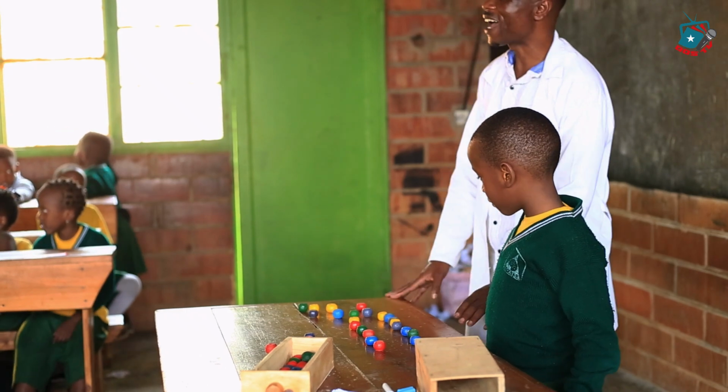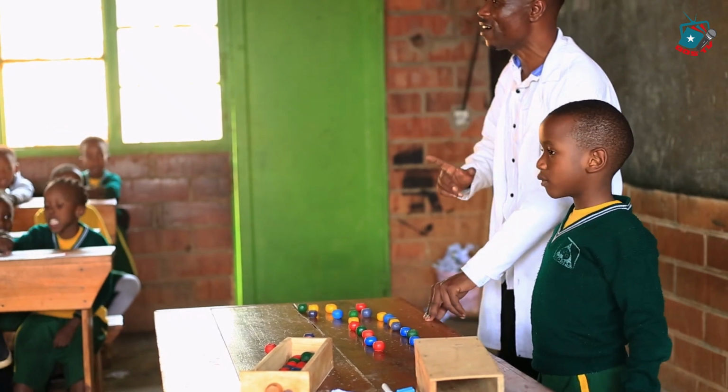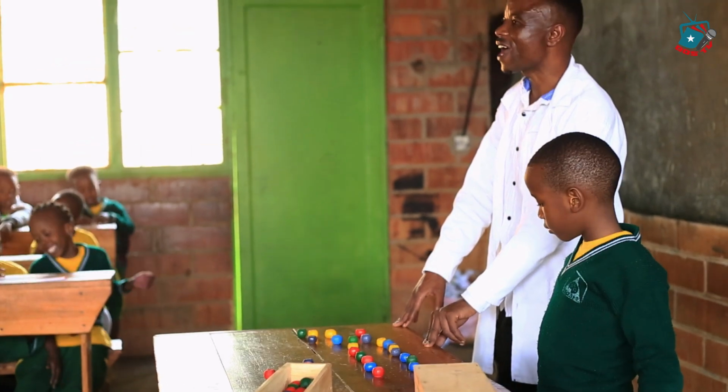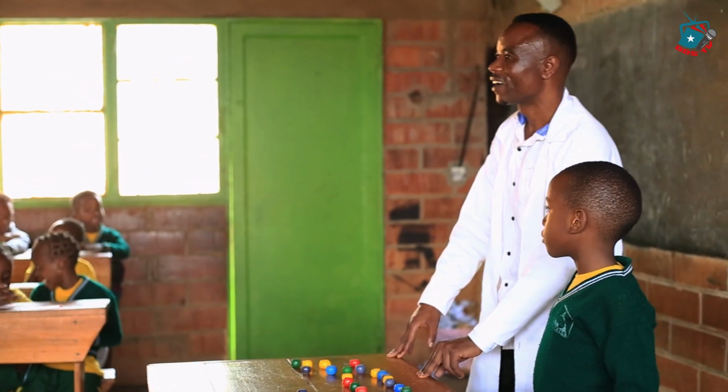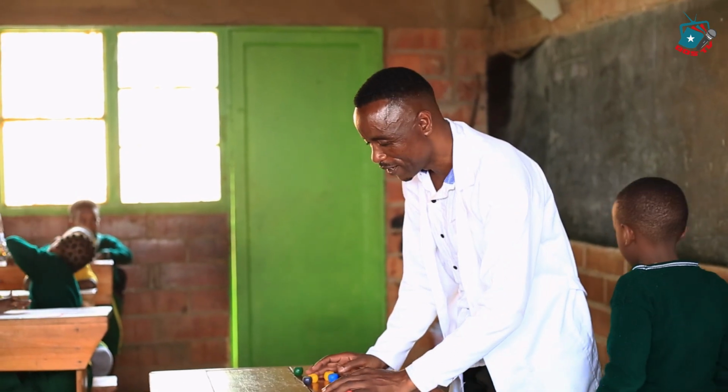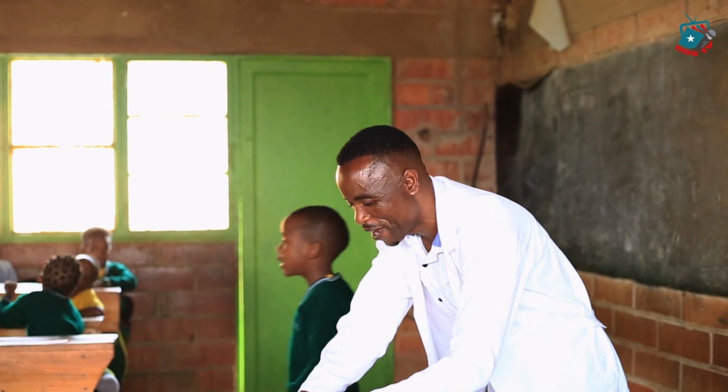Good. It means that 3 times 9 equals 27.